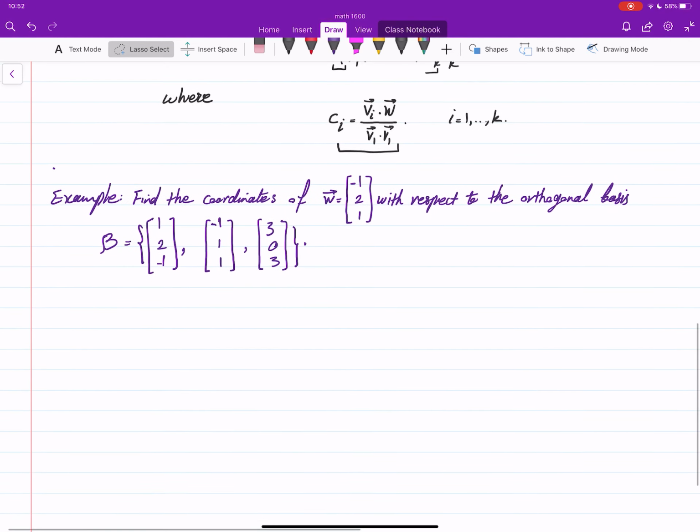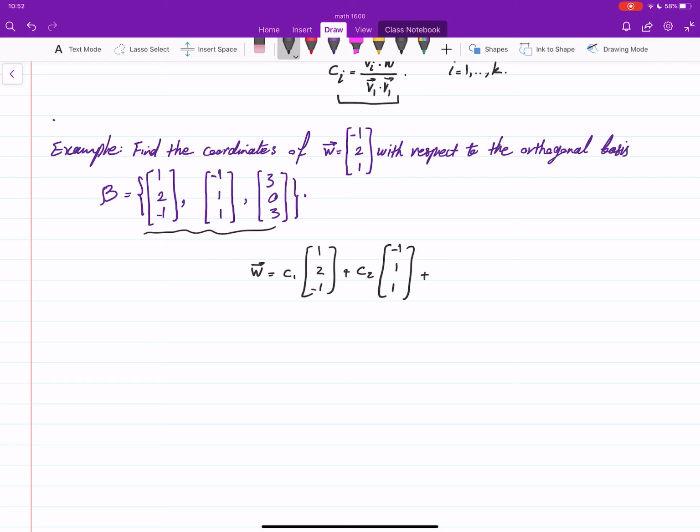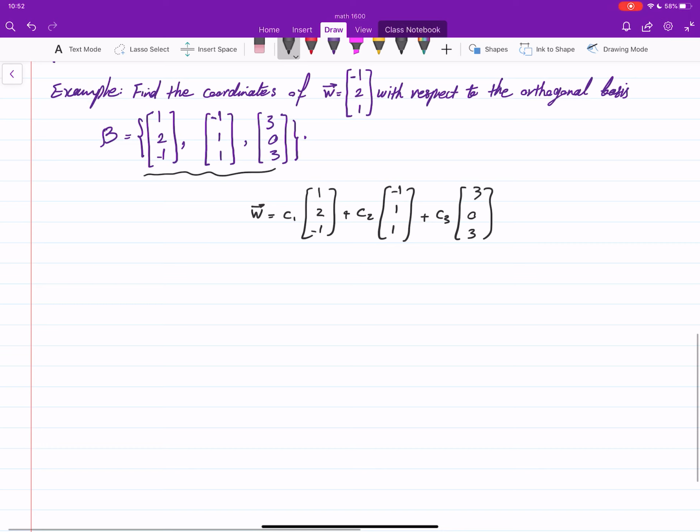Let me paste an example here. Find the coordinates of W with respect to an orthogonal basis. This basis is orthogonal, I already checked it. Now I want to write W as C1 (1, 2, negative 1) plus C2 (negative 1, 1, 1) plus C3 (3, 0, 3). I don't need to form any system of linear equations.